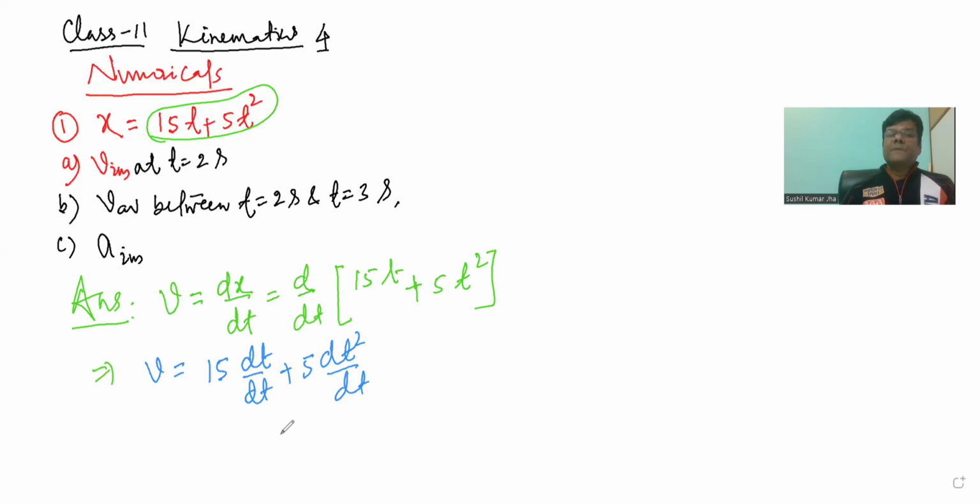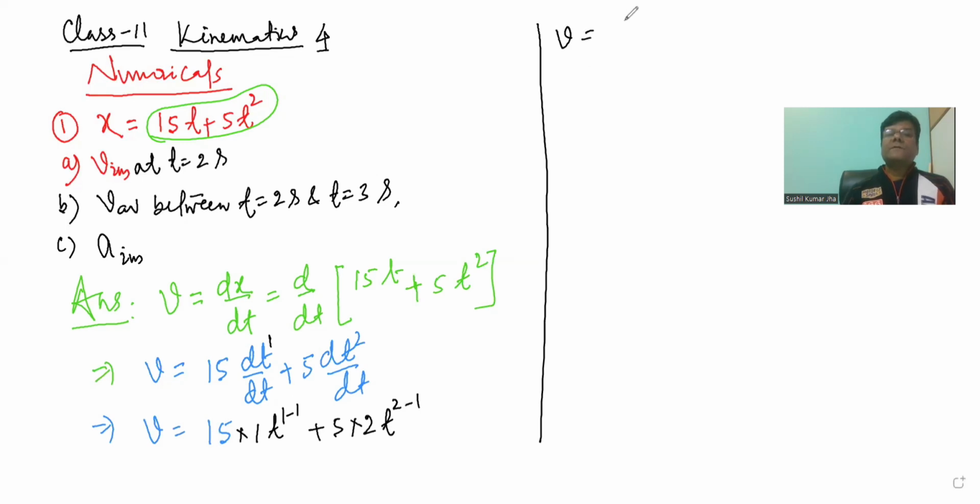And then the first formula is applicable, so v is 15, which remains as it is. How much power do we have over there? It is t1, so nx^(n-1), so it will be 15 into 1 t^(1-1) plus 5 into nx^(n-1), so 2 t^(2-1).